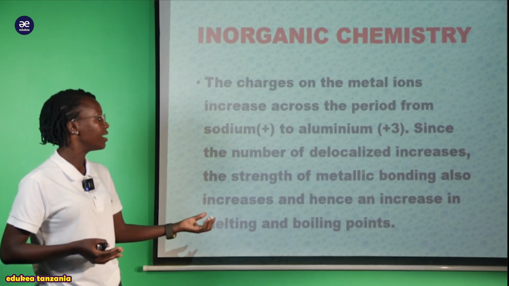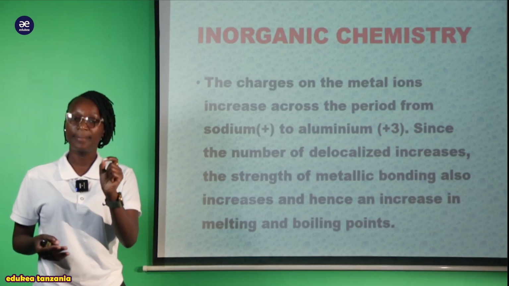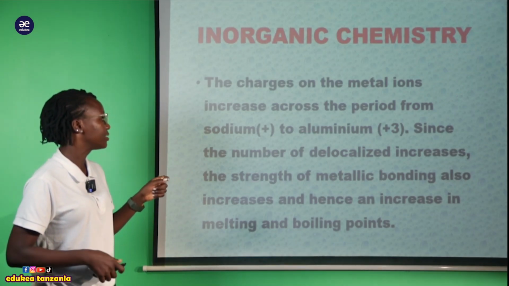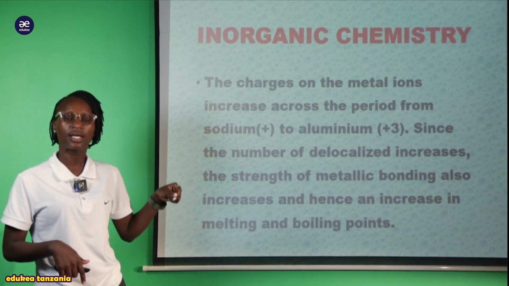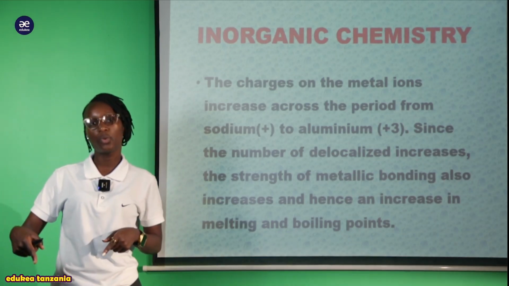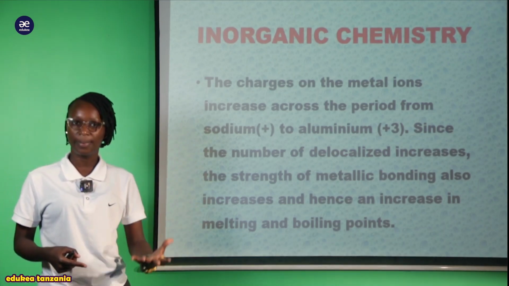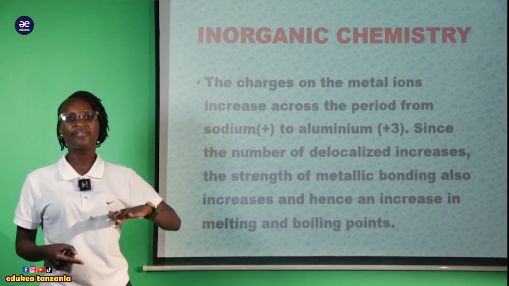So that's why unaona kwamba as the metallic ion increases, ile strength of metallic bond increases, and therefore once the strength of metallic bond increases, also the melting point and boiling point are going to be affected. That's why umeona ile observation pale kwamba always the boiling and the melting they have a higher.